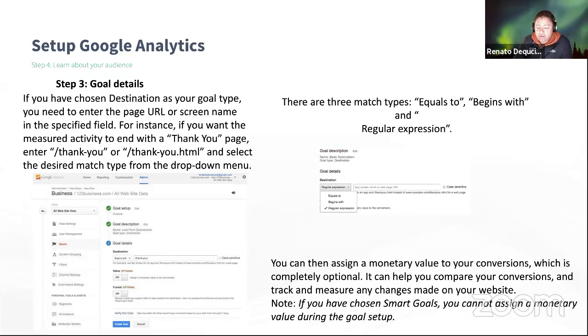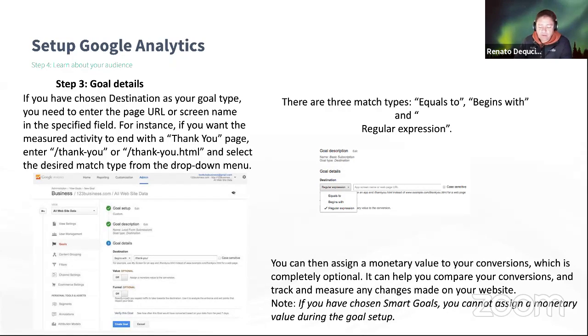Obviously, if you choose smart goals, you cannot assign a monetary value in this case. So if whatever you're presenting is a download, and that download might bring you business, you can choose a monetary value on that. For example, if somebody downloads this ebook, I know that they will contact me, and the potential deal of them doing that could be 10 Rand, whatever it is.